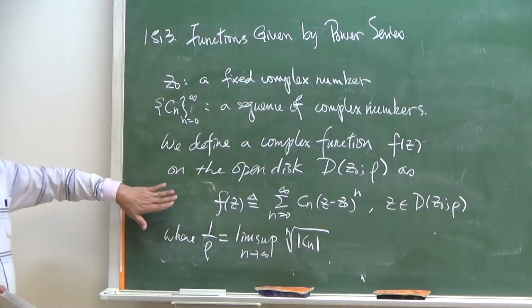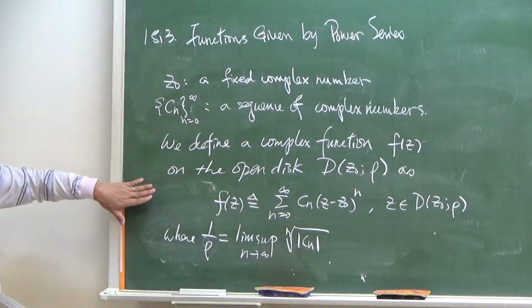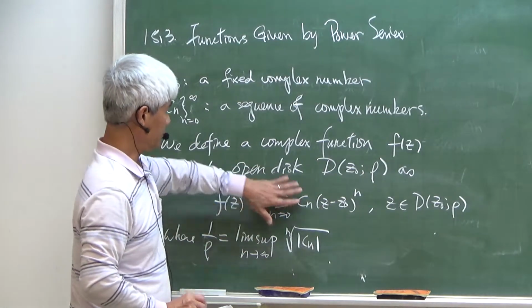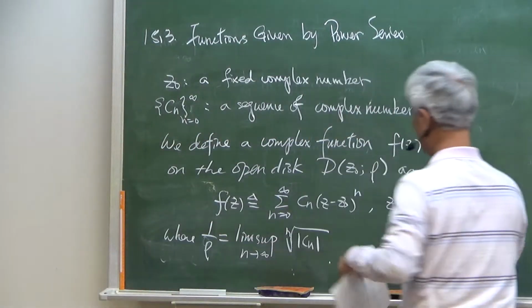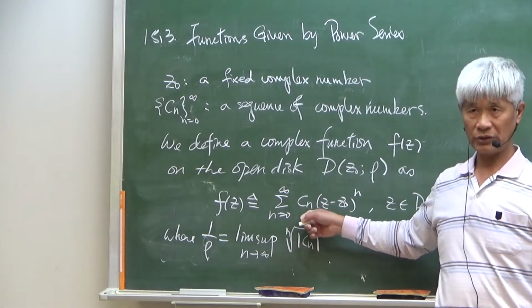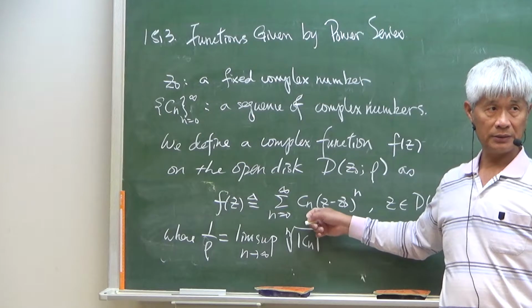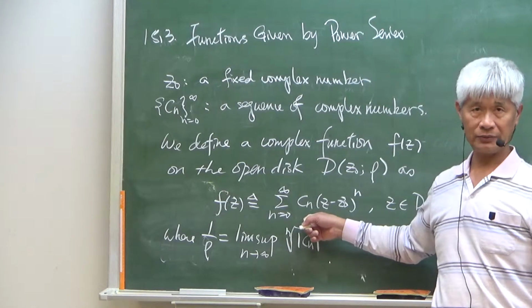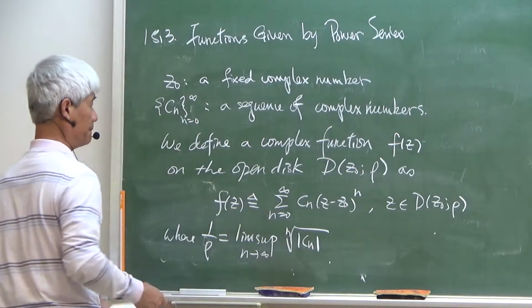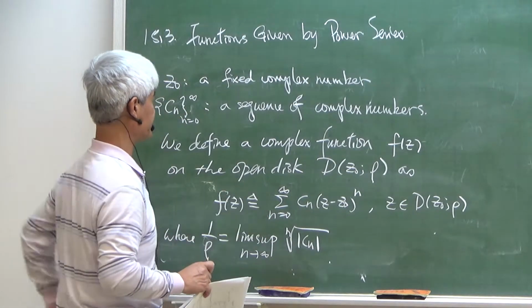And this function is well defined because we have already shown that for any z in this open disk, the series converges absolutely. So you have a definite value for this series sum.